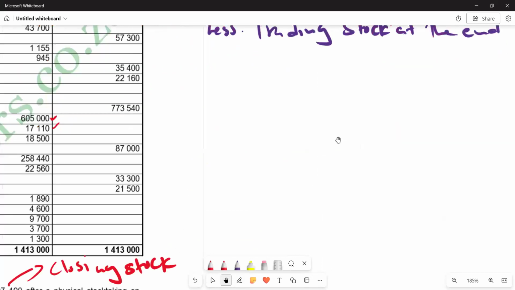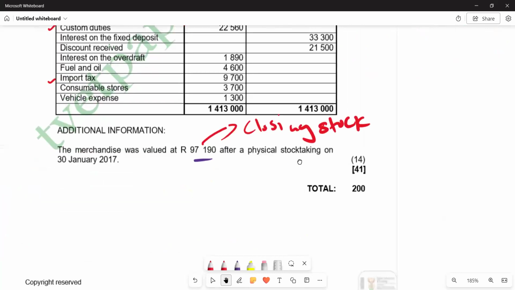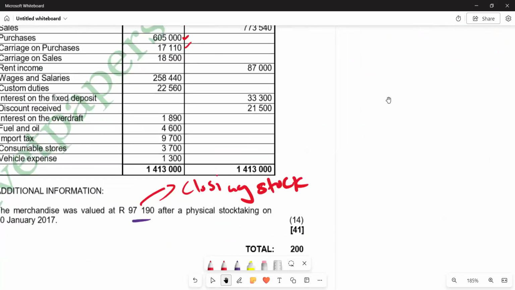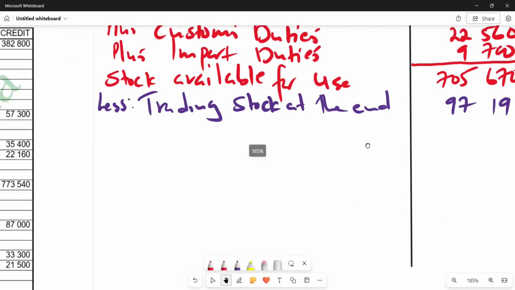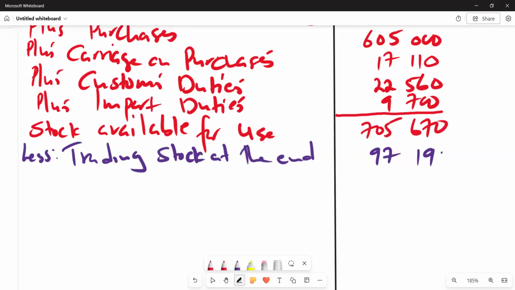Let's just try to see. Yes, 190, and then we just put it as it is. So obviously we were saying less here, so we are subtracting. So we show it by putting in brackets 705,670 minus 97,190.